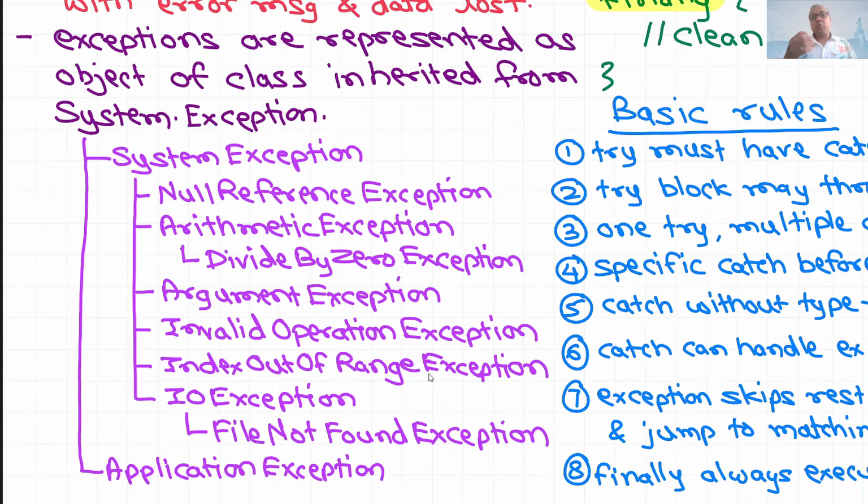As I was telling you, if you are trying to open a file that doesn't exist, that will be FileNotFoundException, which itself is inherited from the IOException. Of course, there are many different exception classes. I have written only a few.